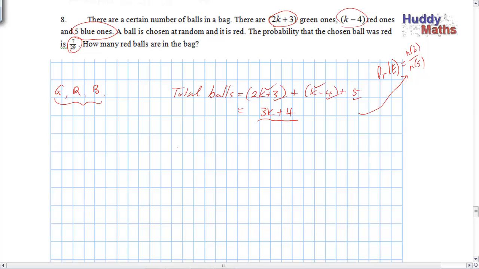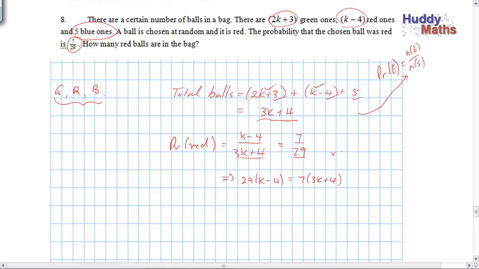Okay, so let's work through. Probability of a red is 7 on 29, so let's work that out. Probability of a red would be k take 4. Don't get phased by pronumerals. At this stage of your career, you should be pretty happy with working with those instead of numbers. 7 on 29. Okay, so if we then clear the denominator by multiplying by the product of those two, it comes to that rule which you call cross multiplying, but that's not actually very good maths.